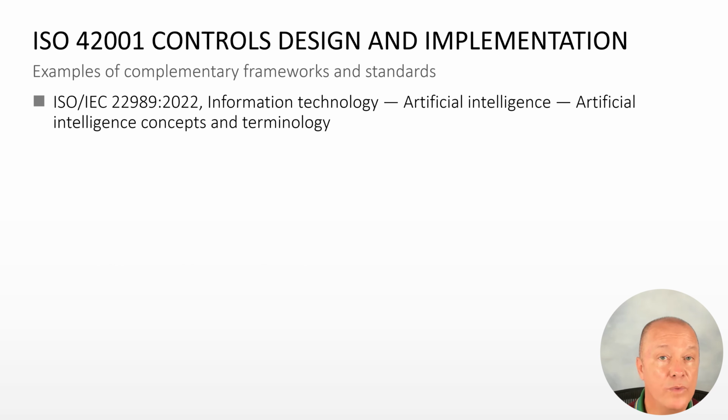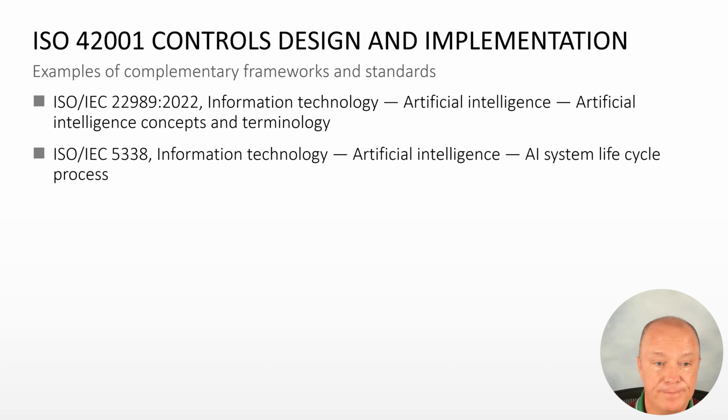Another standard that we can look to as a resource for implementing an effective ISO 42001 compliant AI management system is the ISO 22989 standard, which is focusing on artificial intelligence concepts and terminology. We also have ISO 5338 for AI lifecycle process guidance.